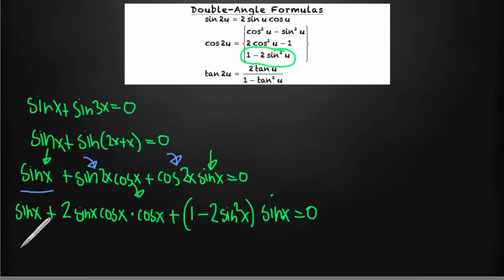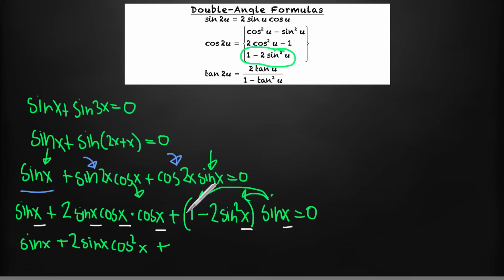All right, so now we've got everything in terms of, notice, x, x, x, x, x, x. No 2x, no 3x. We've got all of these in terms of x, which is what we want. So now we're going to just write it out. Sine of x plus 2 sine of x cosine squared of x, because I'm multiplying these two together, plus I'm going to go ahead and distribute this sine into both of these.